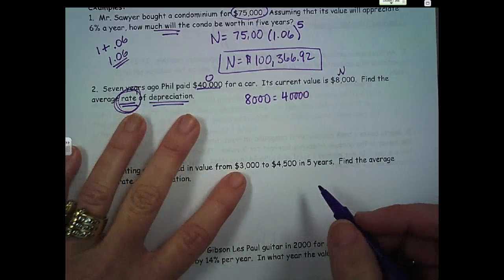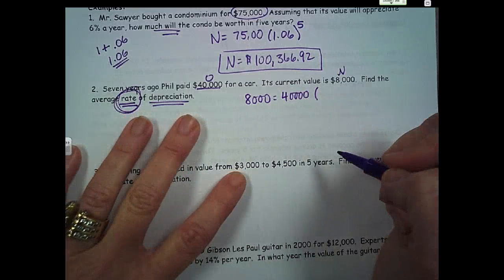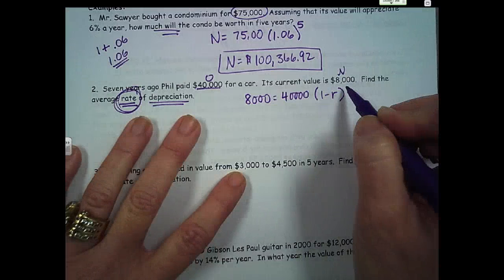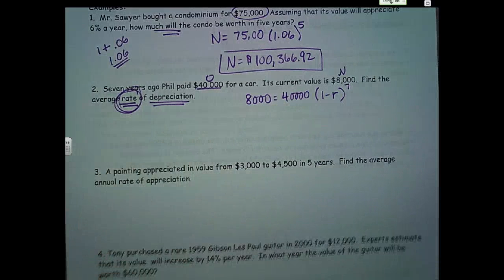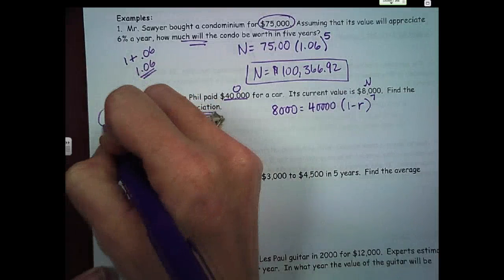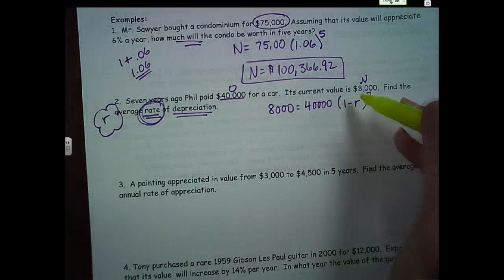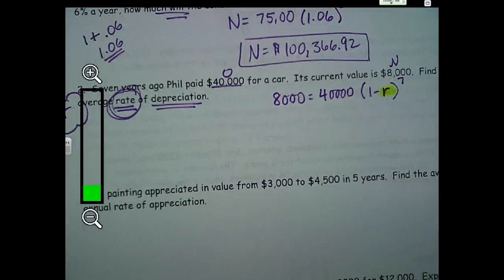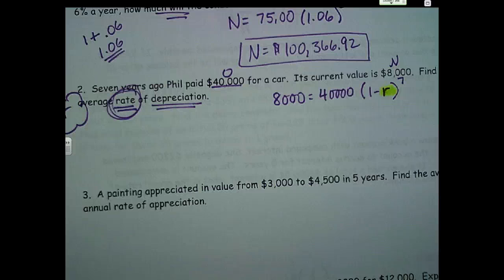So we don't know. Are we going to do 1 minus r or 1 plus r because it depreciated? 1 minus. And how long, guys? 7 years. Okay. You might write yourself a little note that you're solving for r here because it's a tiny bit harder. So here's my r. I highlighted it because I want to try to get r by itself. Take really good notes on this part for the steps because here's the deal. I'll give you partial credit if you write this equation out because half of you are going to be able to get this perfectly.